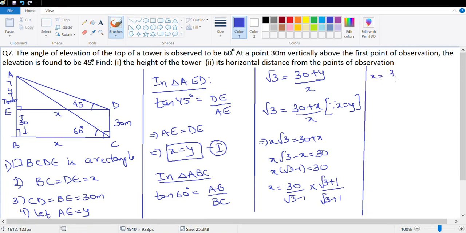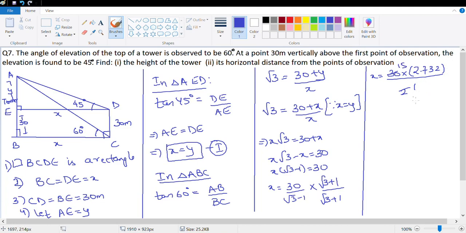X is equal to 30 into root 3 plus 1, that's 1.732 plus 1, which is 2.732, over root 3 plus 1 times root 3 minus 1, that's a plus b into a minus b, which is 3 minus 1, that's 2. So 30 over 2 is 15, so X is equal to 15 into 2.732.